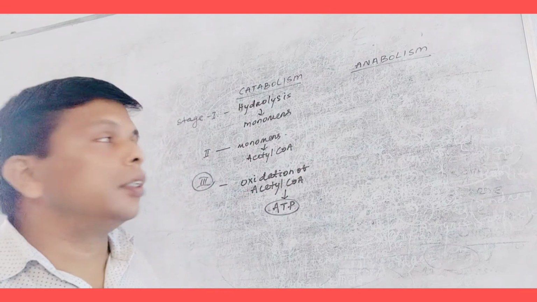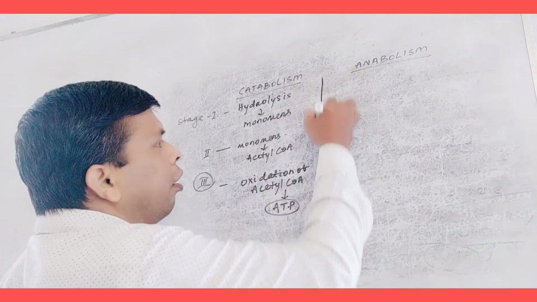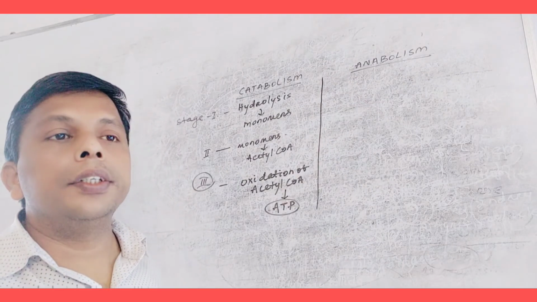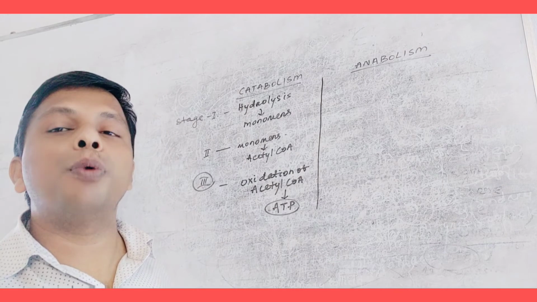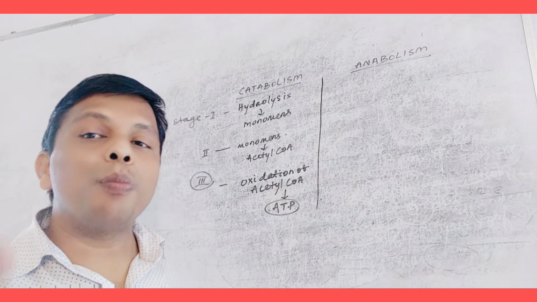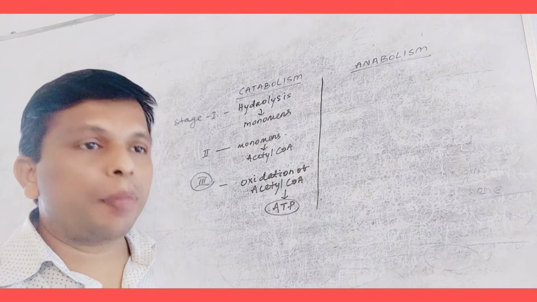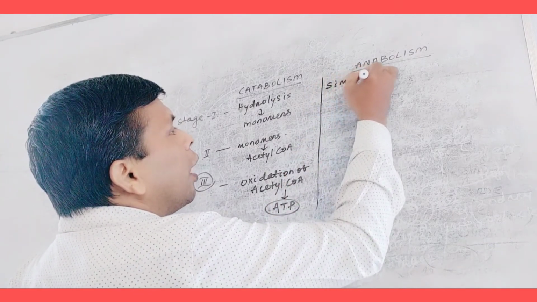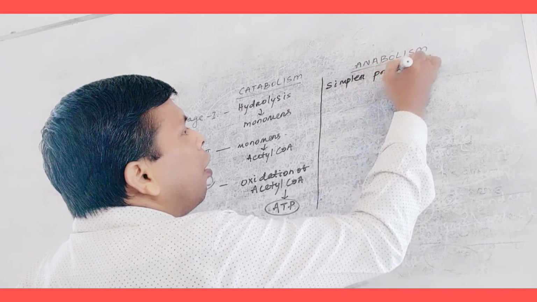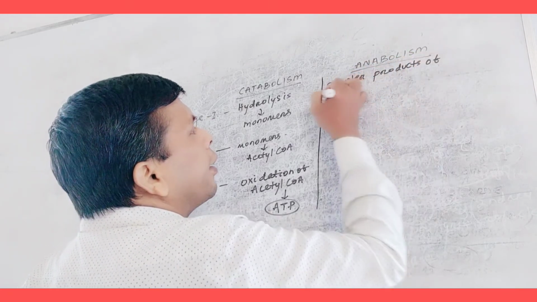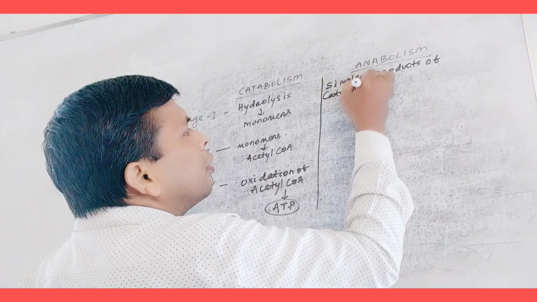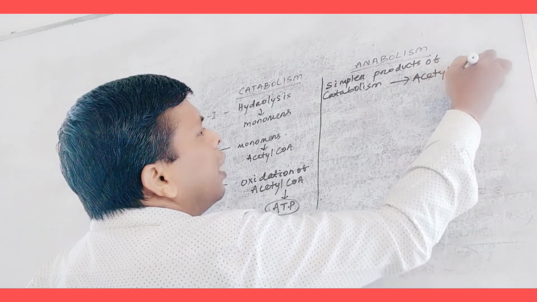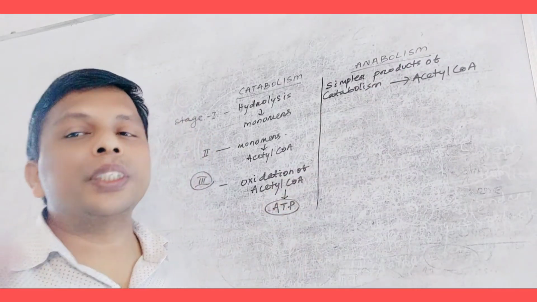What happens in stage 1 of anabolism? First, the simpler products of catabolism are converted into acetyl coenzyme A. It is a reversal process.